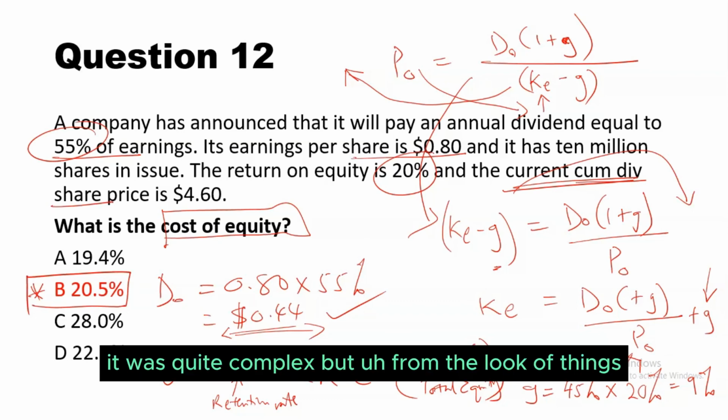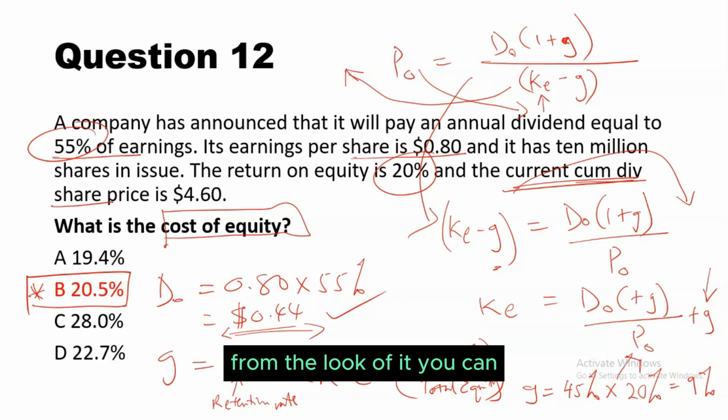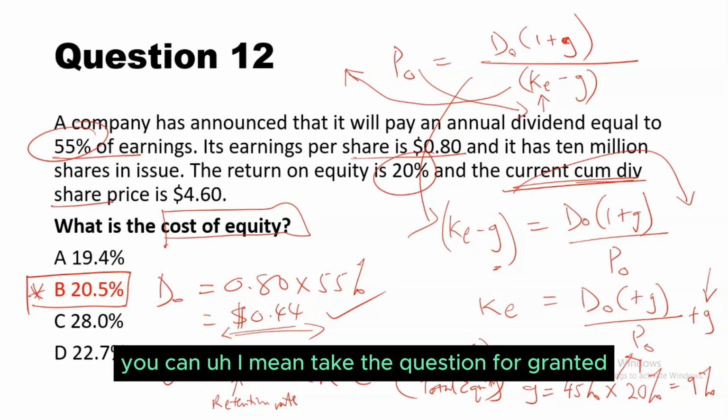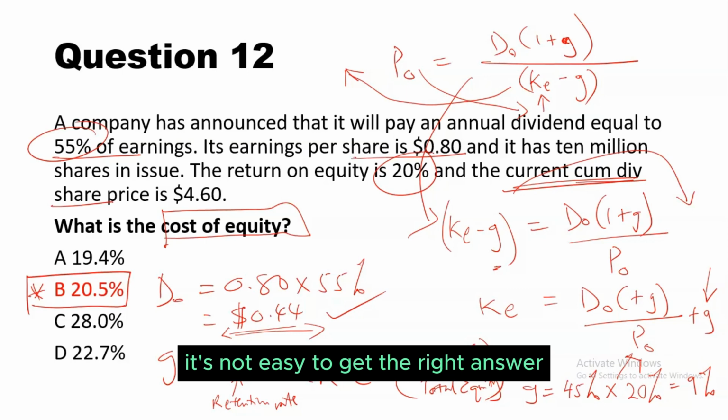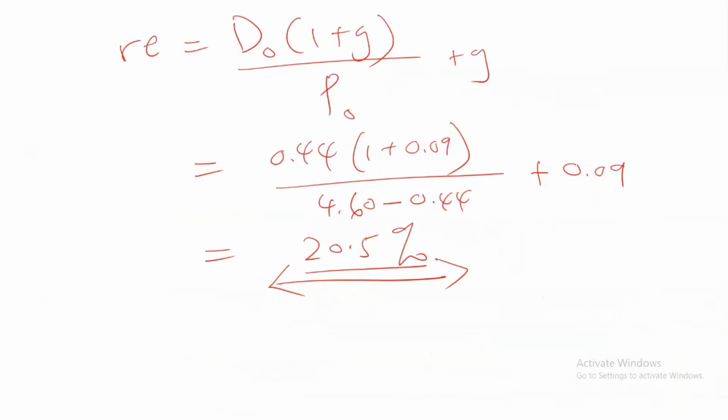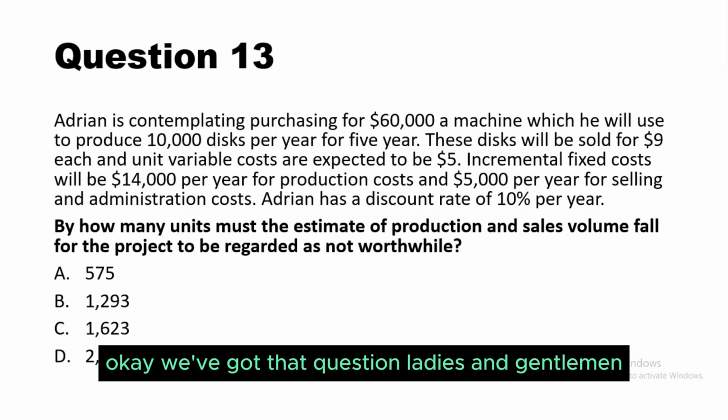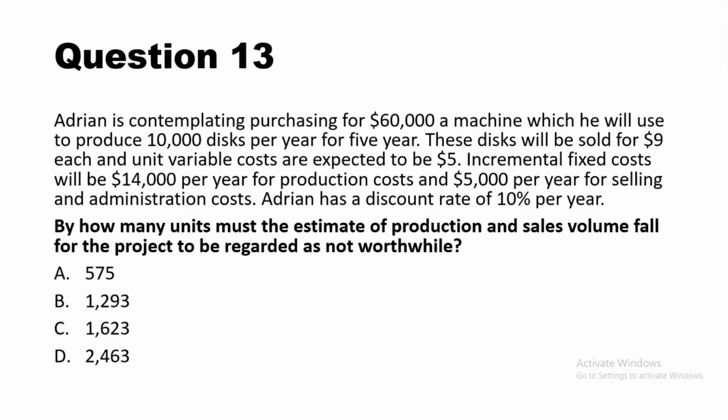It was quite complex, but from the look of it, you can take the question for granted at first instance, but you realize that it's not easy to get the right answer. Okay, we've got that question, ladies and gentlemen.